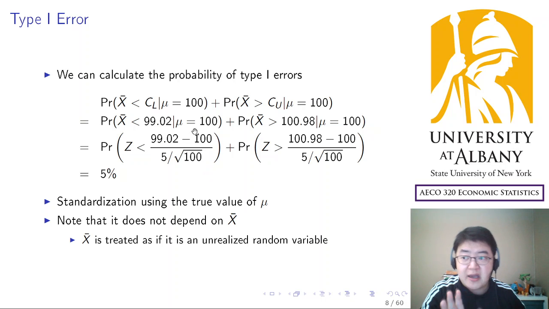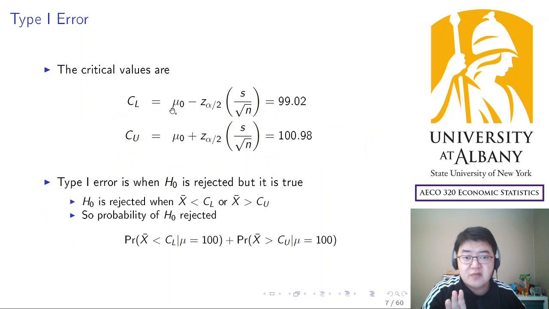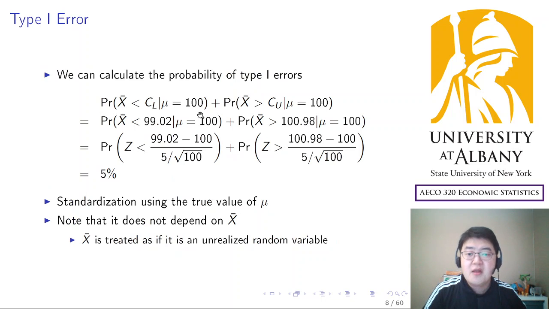So if you subtract mu 0 from the critical value and divide by the standard error again, then you are going to get this. If you standardize this again, this will be cancelled out, and this will be cancelled out, and you will have the z value only. So in the end, it becomes 5%, which is the significance level.